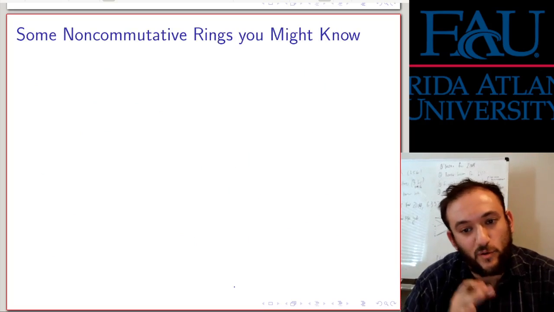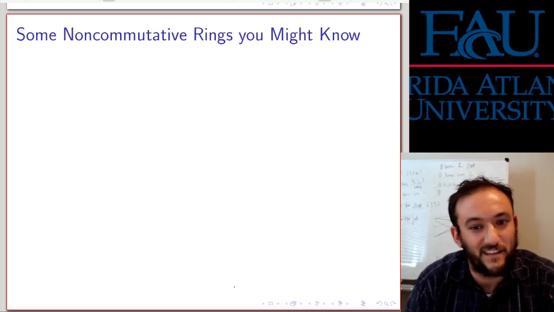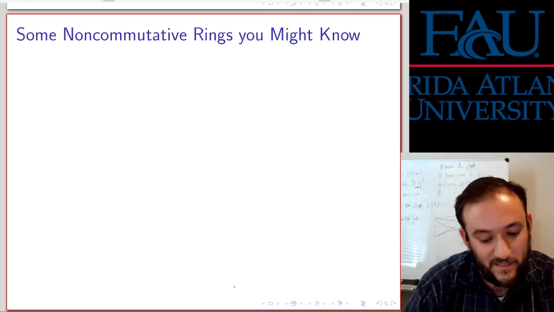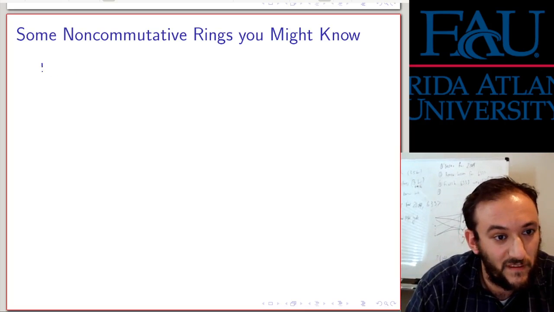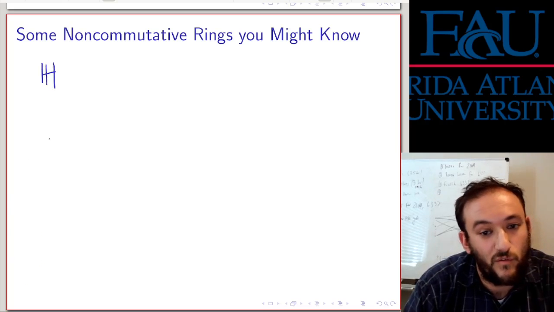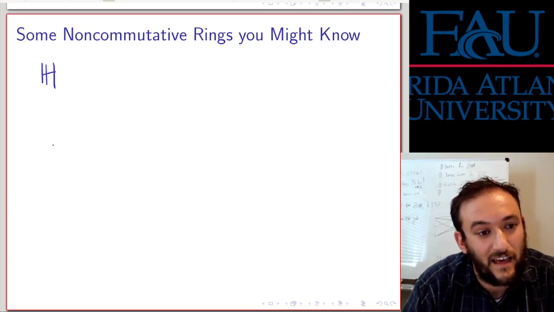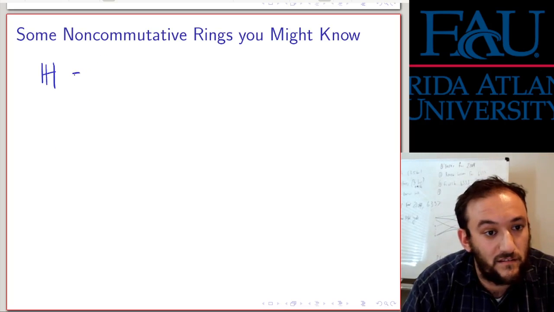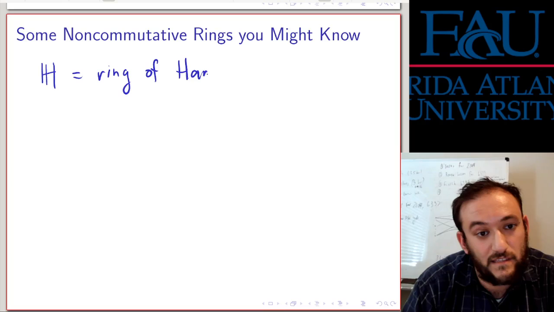Okay, but even though we're studying commutative algebra, it's still helpful to remind ourselves what some non-commutative rings look like. So one classic non-commutative ring is the ring of quaternions, the Hamilton quaternions.